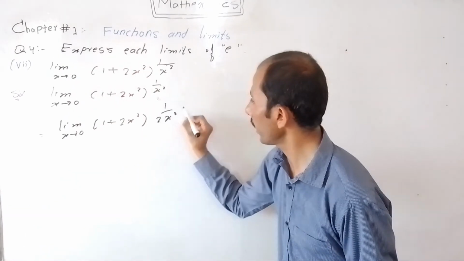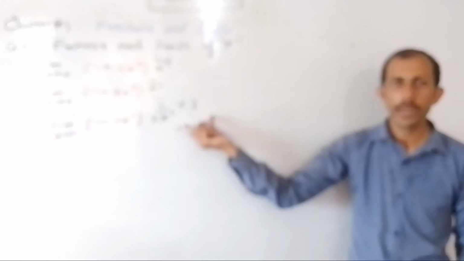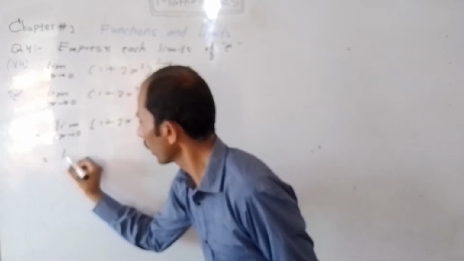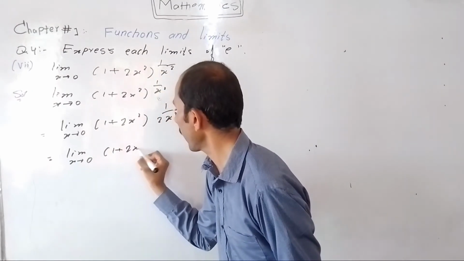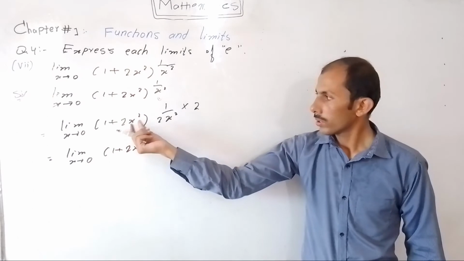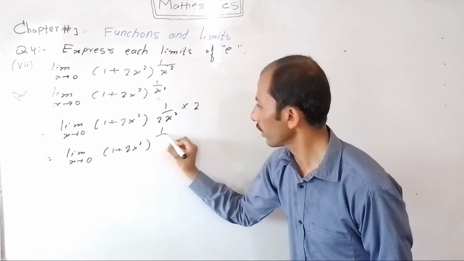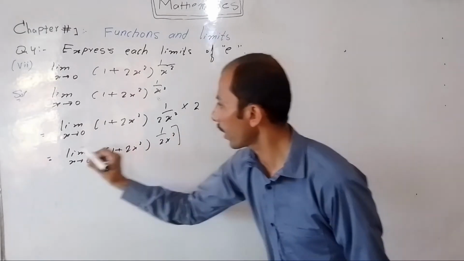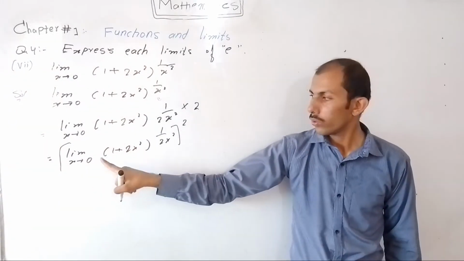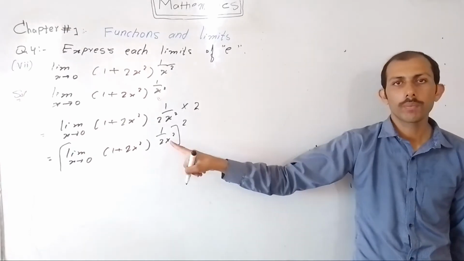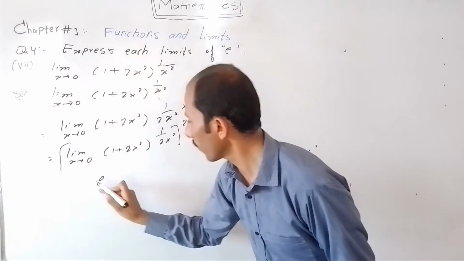So this form is 2x square, it means power 1 divide 2x square, whole power 2. Limit x approaches 0 of (1 plus 2x square) whole power 1 divided by 2x square is equal to e. So e power 2.